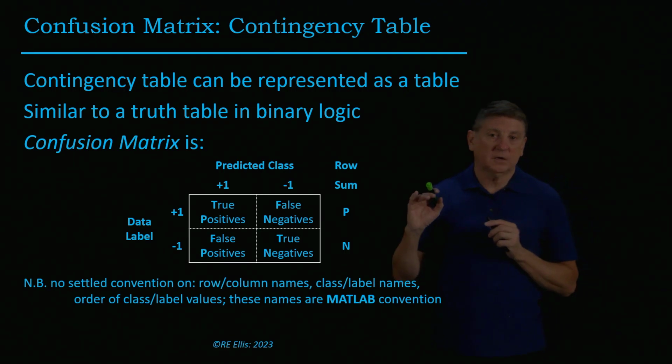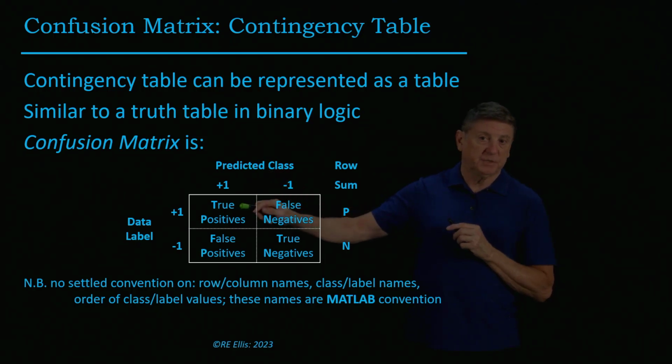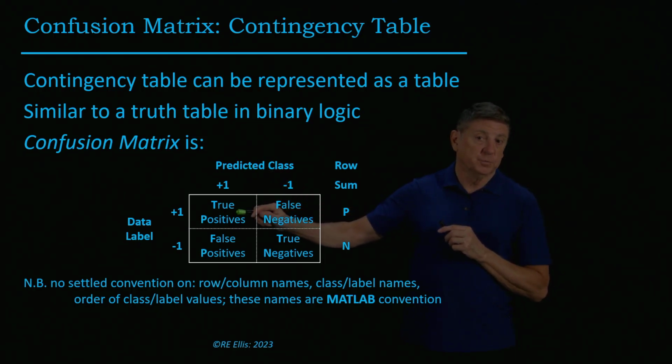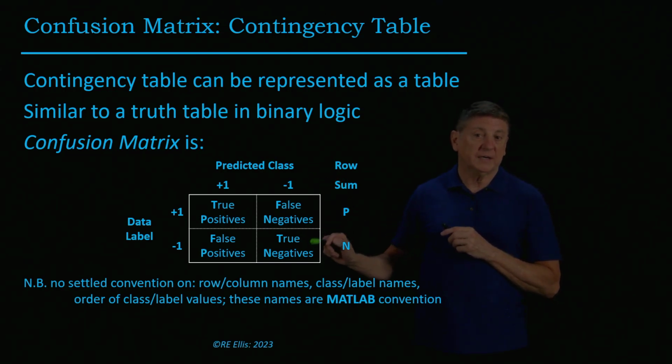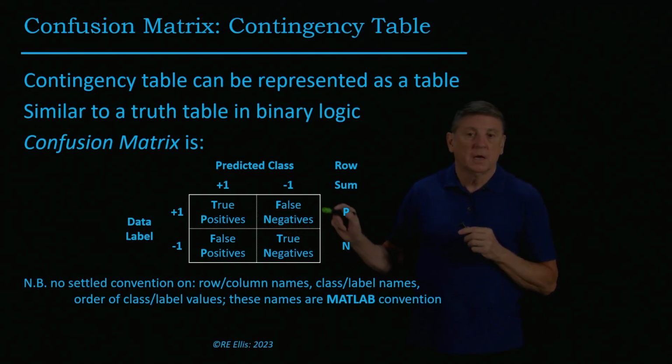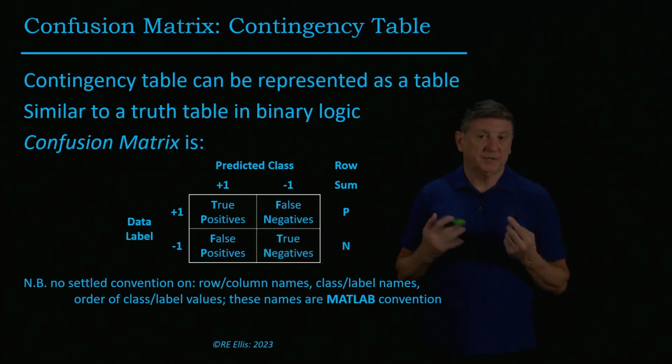So the key concepts here are, if the true label is +1 and we predict it as +1, we'll call that a true positive. If the true label is -1 and we predict a -1, we'll call that a true negative. And these mean that our classification matches the label. In these off diagonals, our classification does not match the label.